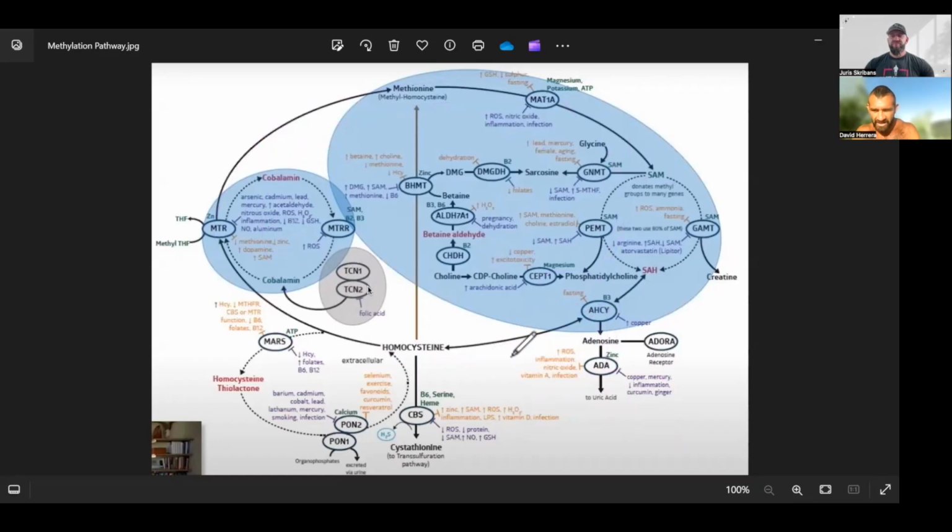Uric acid by itself is just increasing inflammatory responses, and at the same time also increasing reactive oxygen species or showing a sign of reactive oxygen species being elevated. Other things can inhibit uric acid, making it low, for example a lot of ginger, a lot of curcumin, a lot of anti-inflammatories.